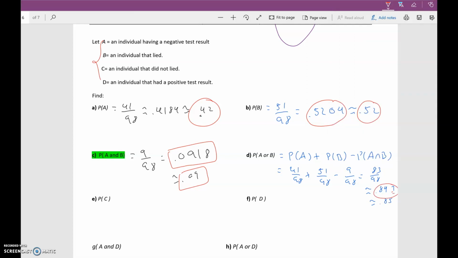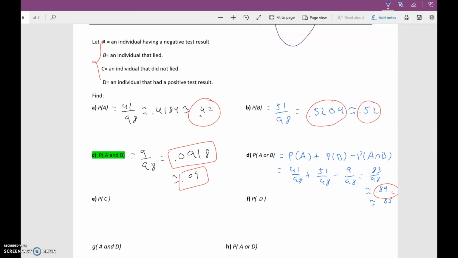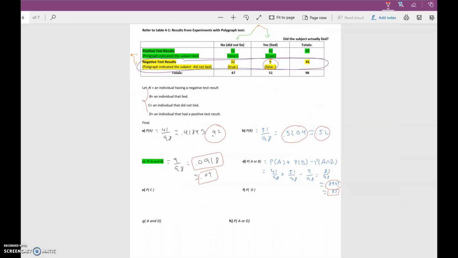Actually, 0.8469 if we were to use 4 decimal places, or 0.85 using 2. Okay, let me erase these for the next problems. Let me double check. 41 plus 51. Okay, we're good.